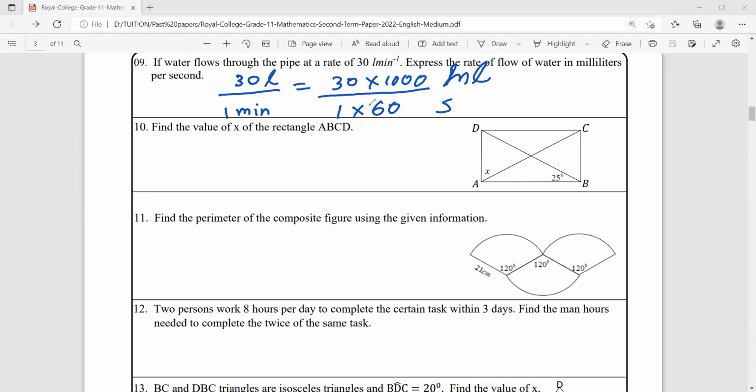So you can do it this way. 30 you can cancel out and you get 2 here. Then you can divide 1000 by 2, it's 500 milliliters per second. This is the answer.